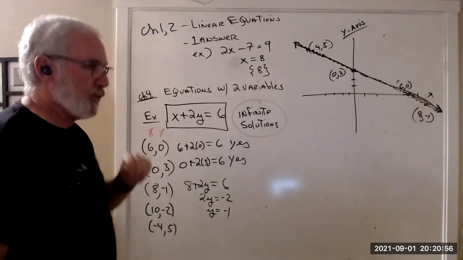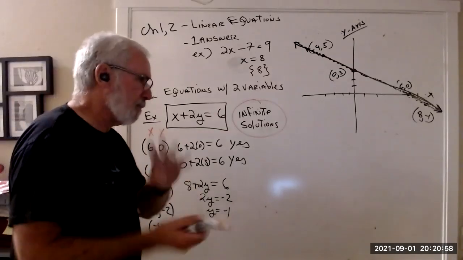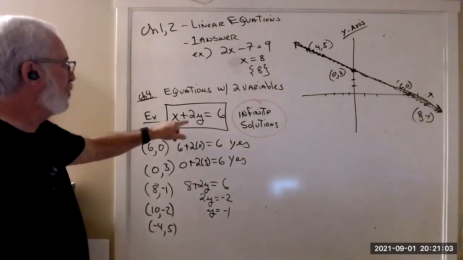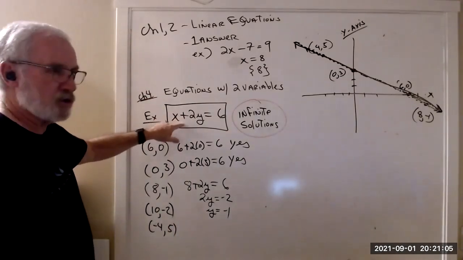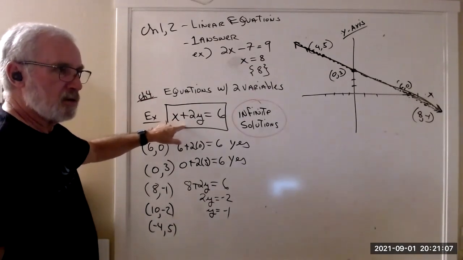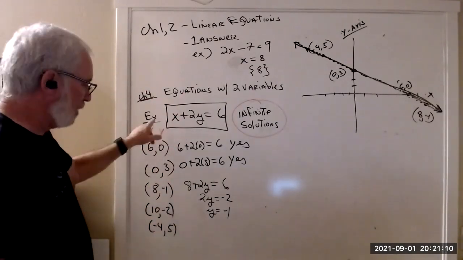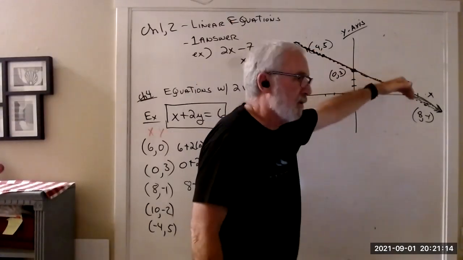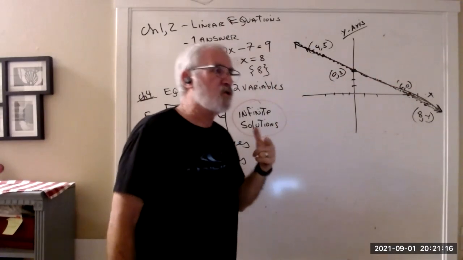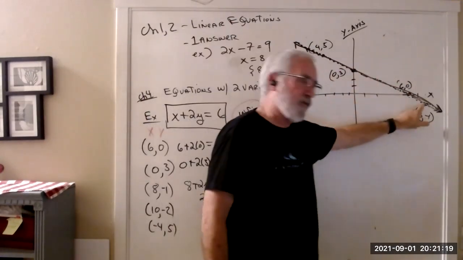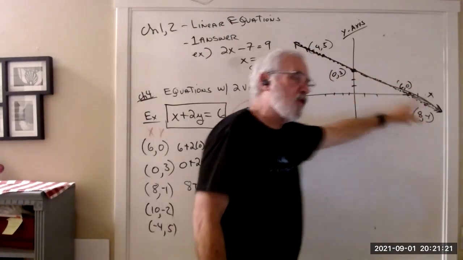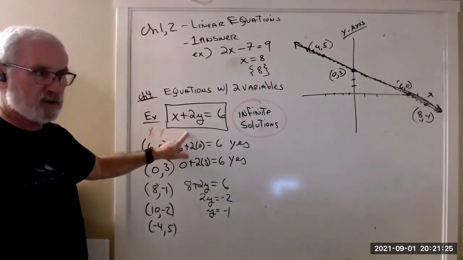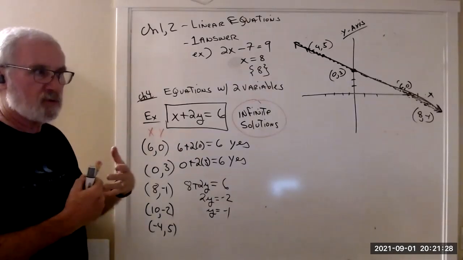Okay. Theoretically, by the end of chapter 4, I should be able to give you an equation. You should be able to find a couple of obvious points and then graph it. Or I should be able to give you the graph, and you should be able to give me the equation. That's what we're going for, because they're the same.